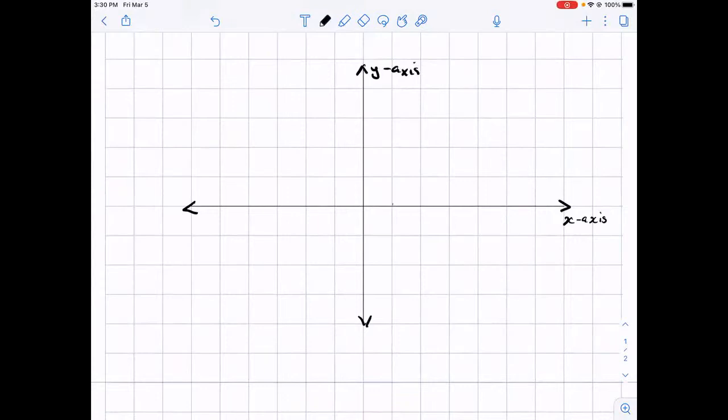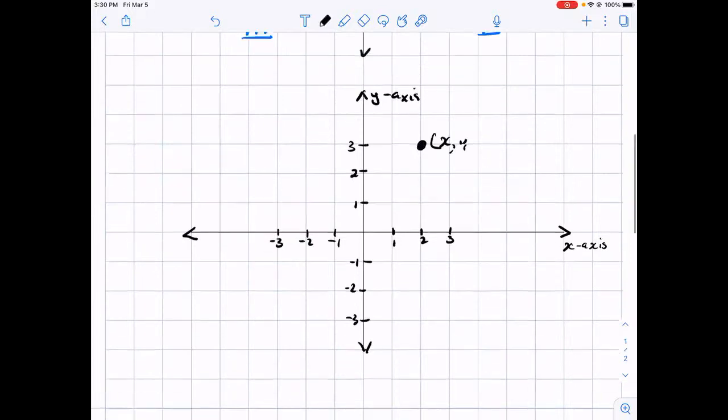If we put a point, let's put some numbers in here. If we put a point in the first quadrant, some dot here, and that dot has some x comma y, we call that an ordered pair.